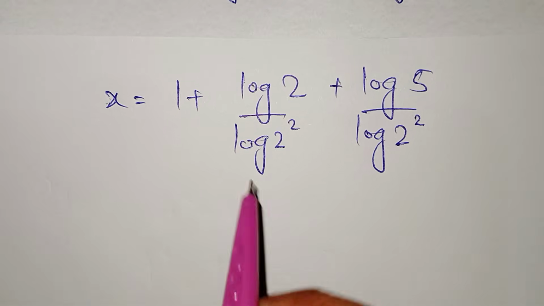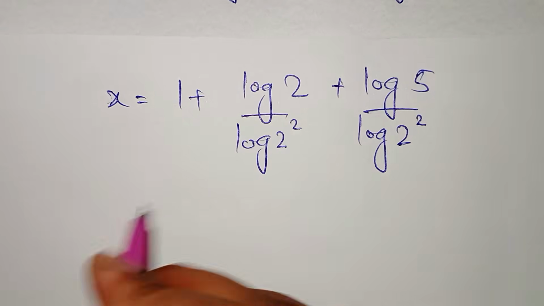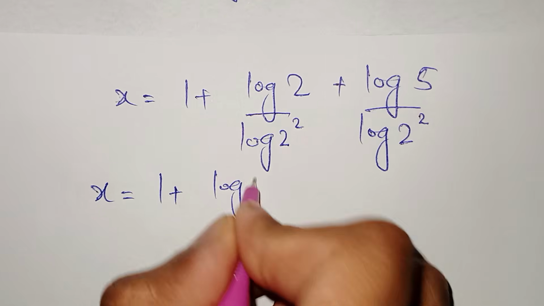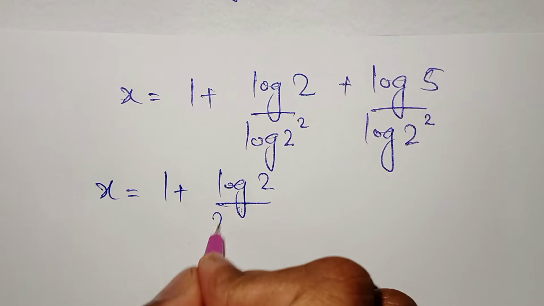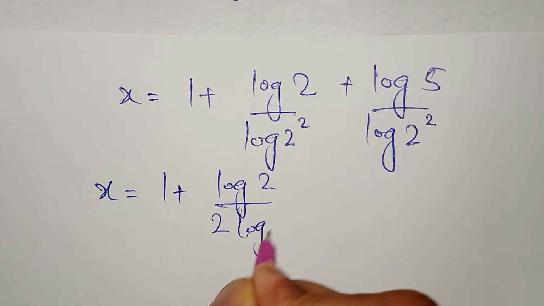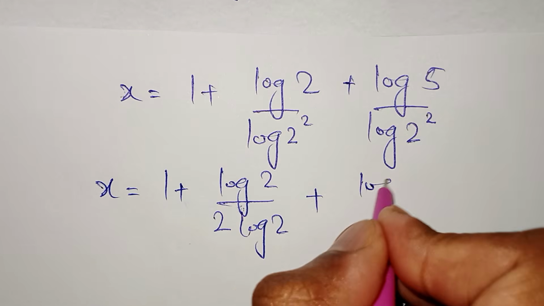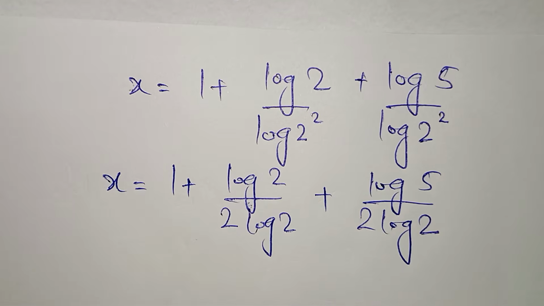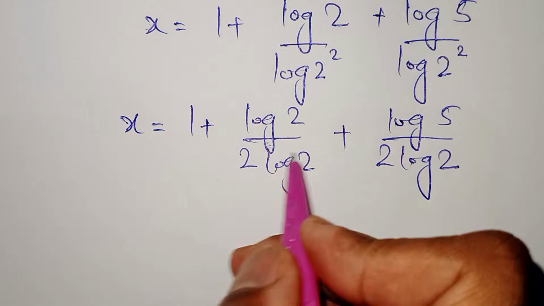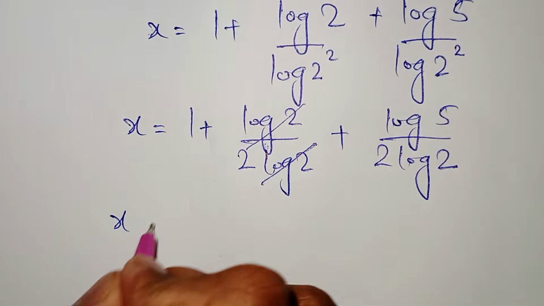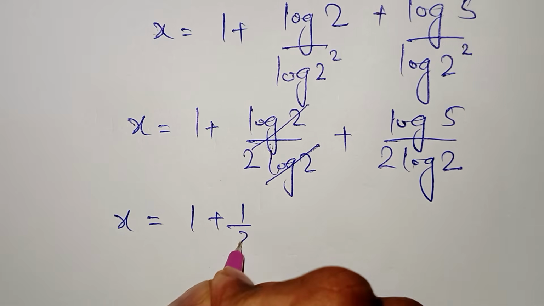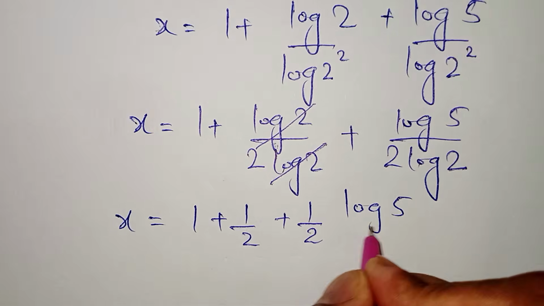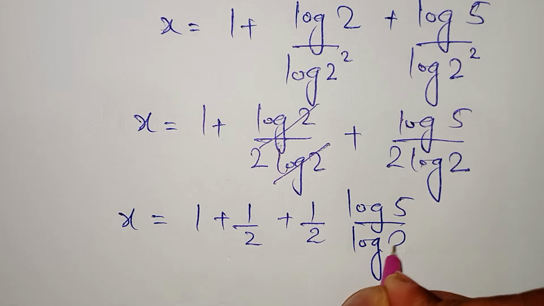We will use the power rule of log on these two denominators. So x will be equal to 1 plus log of 2 over 2 times log of 2 plus log of 5 over 2 times log of 2. Log 2 cancels with log 2. We have x equals 1 plus 1 by 2 plus 1 by 2 log of 5 over log of 2.